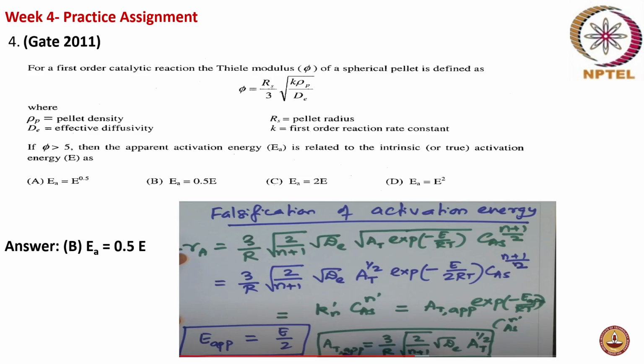So that is nothing but apparent frequency factor into exponential of minus apparent activation energy by RT into CAS power n prime.